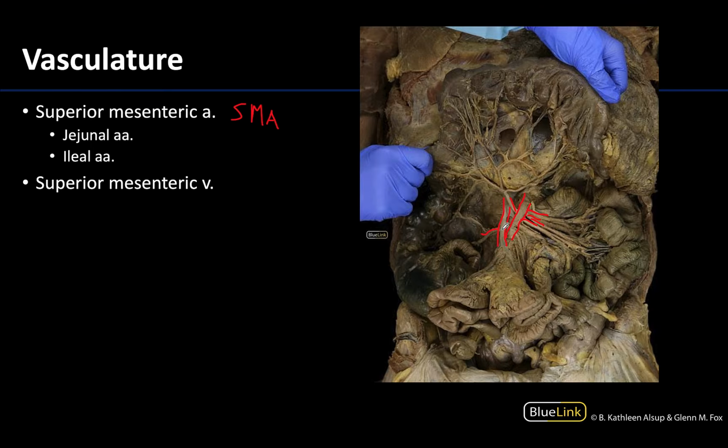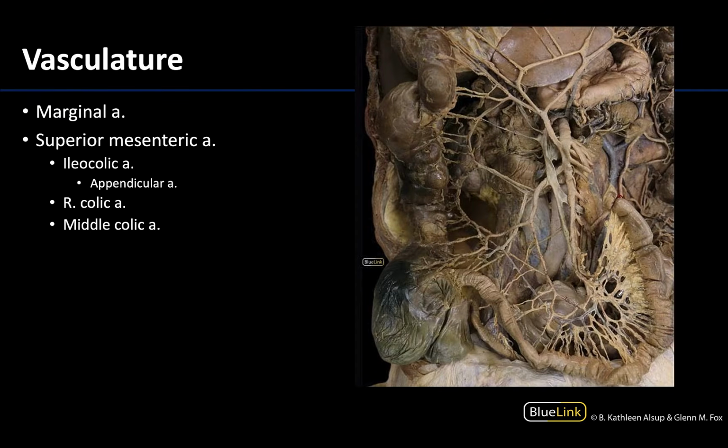If we remove some of the viscera, it's a little bit easier to see. And real quick before I move on, here are some of those arterial arcades that we were talking about that form within the mesentery, and that go to supply the small intestine. So it's really complex in this region. The veins will do a similar thing.